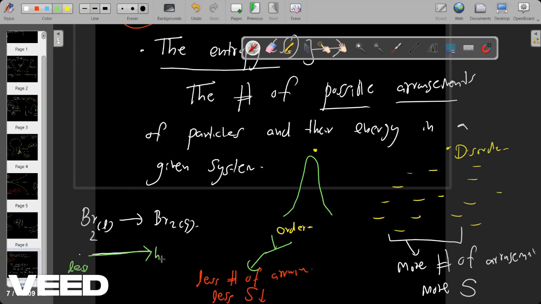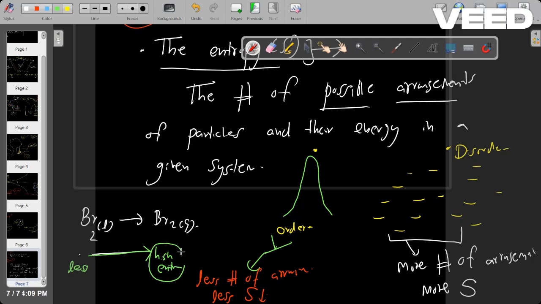Always the universe favors high entropy, right? But remember, if something is moving from less entropy to high entropy, the reaction is favorable.